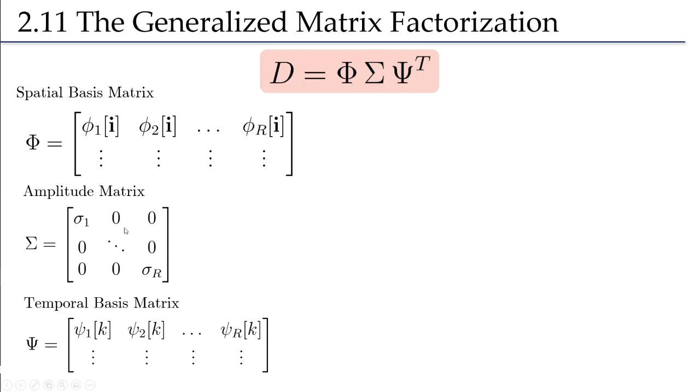In the middle we have a diagonal matrix sigma that collects the amplitude of each mode. Observe that here I put the transpose simply because I want to keep the column nature of every basis vector.